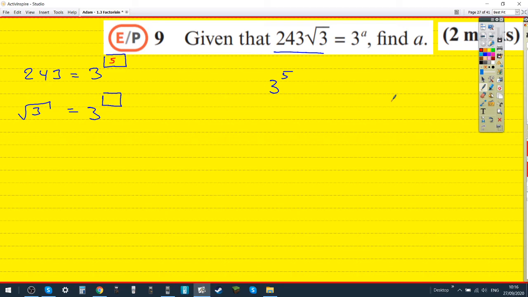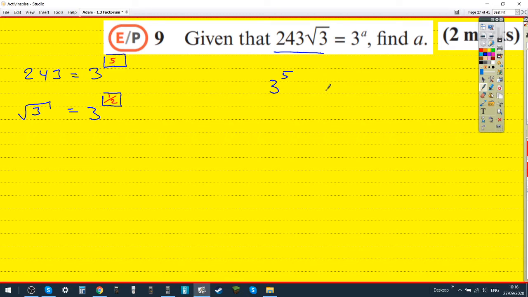Do you know that? No. It is power of a half. Oh, yeah. And so, how can you rewrite 243 root 3? Wait, would it be 3 to the power of 1 over 5?